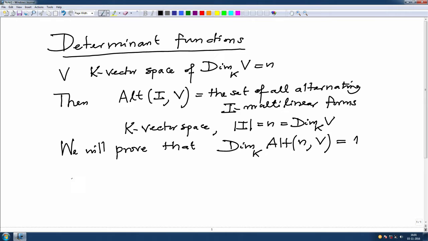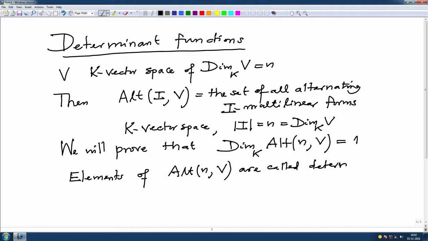In any case, elements of this vector space ALT NV are called determinant functions on V. So, they are multilinear, alternating multilinear n forms.